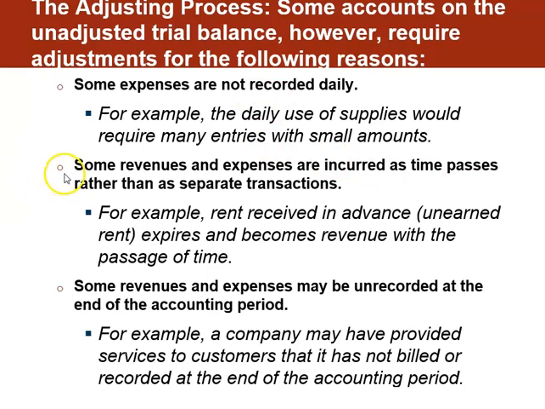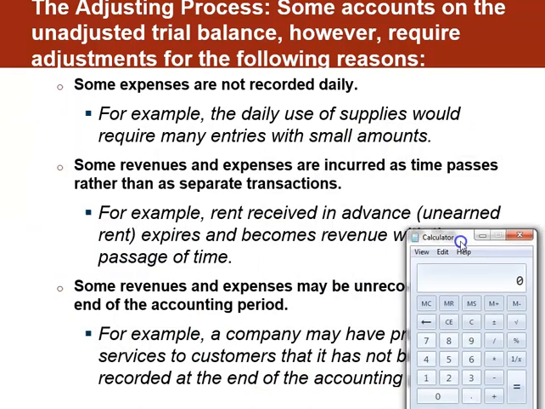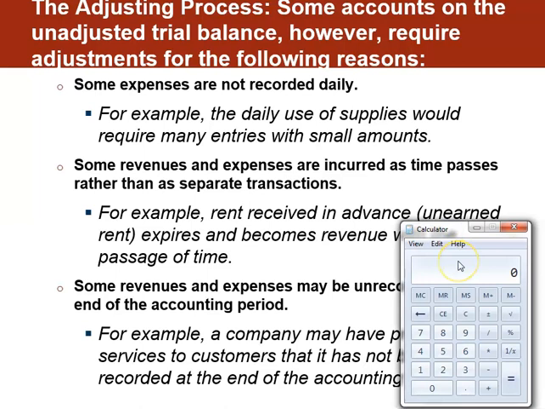The second one, it says, some revenues and expenses are incurred as time passes rather than as separate transactions. And they give the example here. For example, rent received in advance, unearned rent, expires and becomes revenue with the passage of time. So we had the transaction, we may have skipped over it, but it was in the last chapter where, if you recall, Net Solutions had bought the land for $20,000, and they actually rented that land out to somebody, and they collected $360.